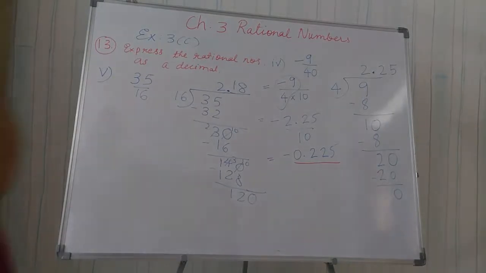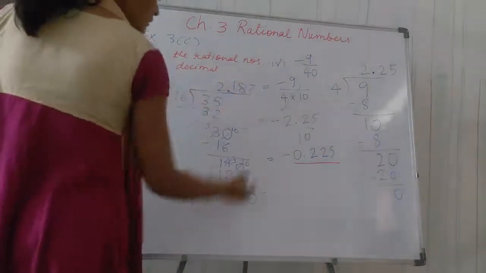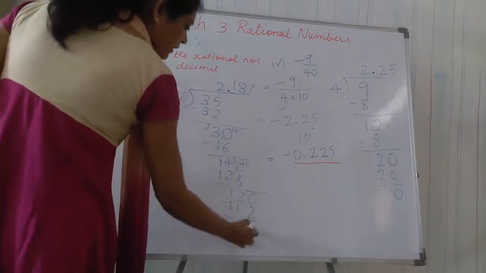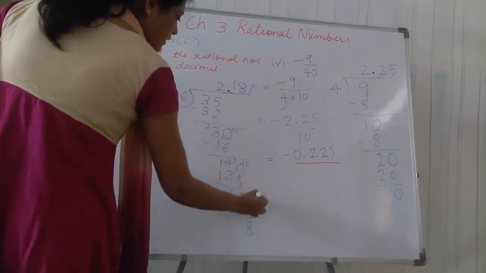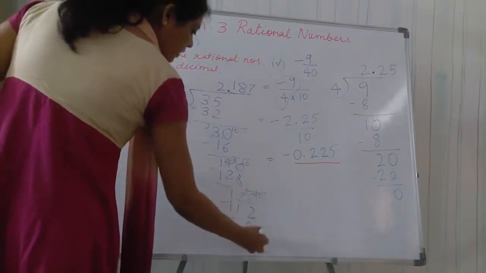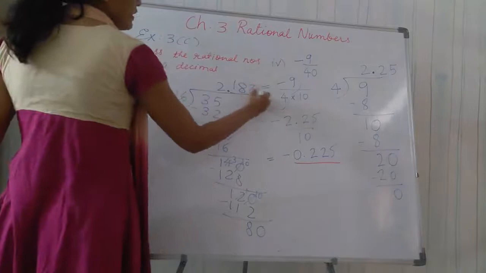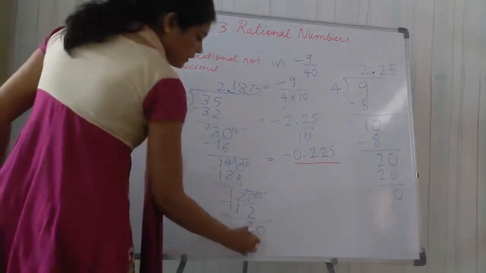Now I can take 16 7s are 112. Subtracting, we get here 8. You see like this, and one more 0. For that I get here 16 5s are 80.